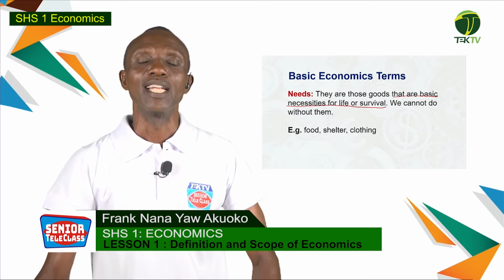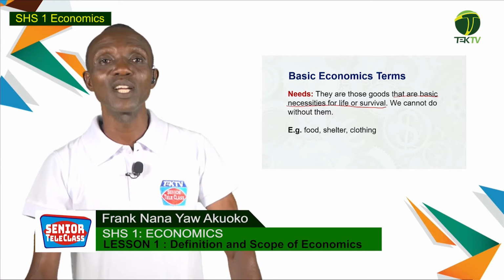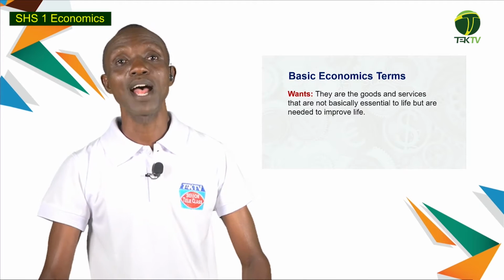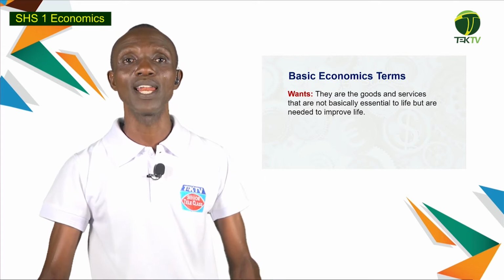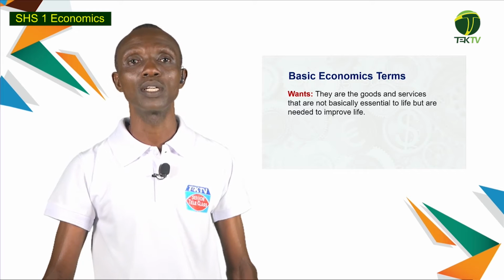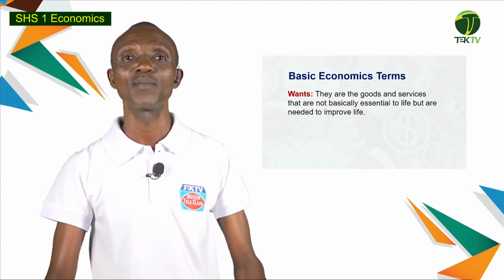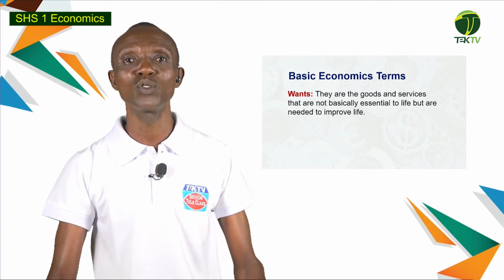Good. Now, having known what needs are, it's very important we distinguish wants also from needs, because sometimes we use them interchangeably. Good. But for the sake of our lesson in economics, we need to distinguish between needs and wants. And wants are the goods and services that are not basically essential to life, but are needed to improve life.